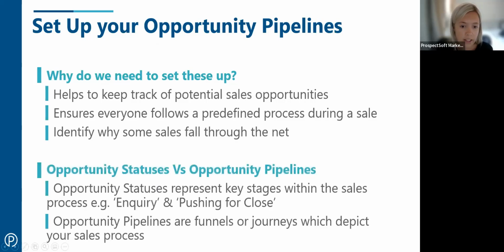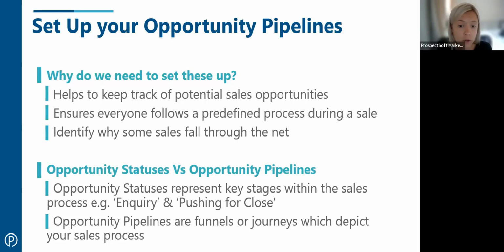So just to explain a little bit the difference between an opportunity status and an opportunity pipeline. The statuses should represent the key stages within your selling process. So for example, that might be inquiry, that might be pushing for close, that might be won. They're all statuses, a part of that sales process. And then the opportunity pipeline is the funnel or the journey that will then depict your sales process.